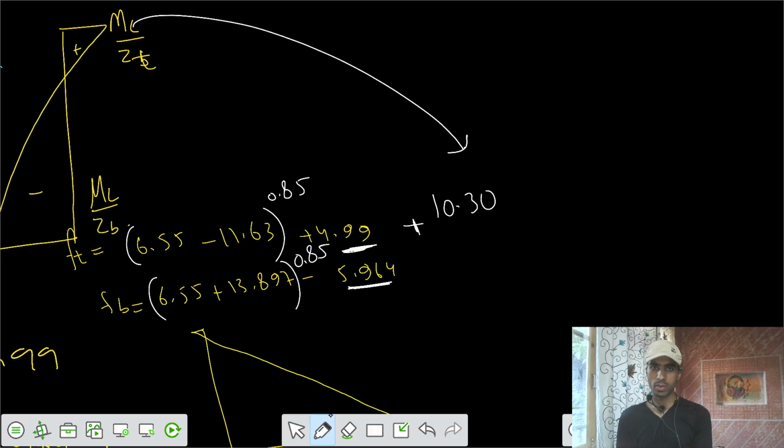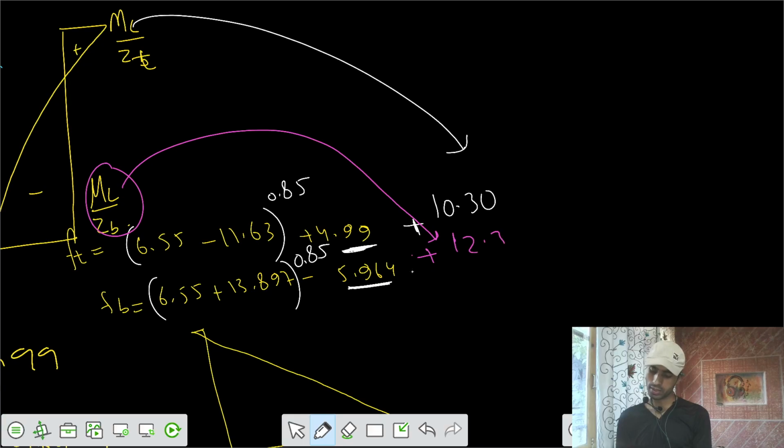M live by Z bottom is 12.31 megapascal, and this one is a negative value, so we have to keep that negative. So finally your final stresses are 10.97 megapascal at the top, and at the bottom minus 0.6241 megapascal.